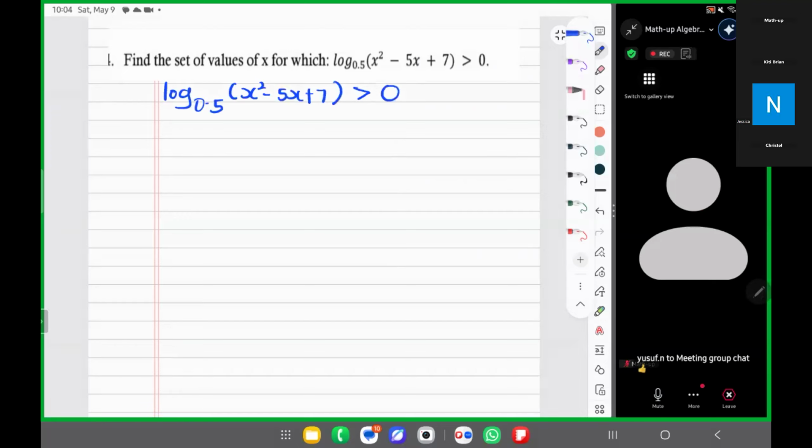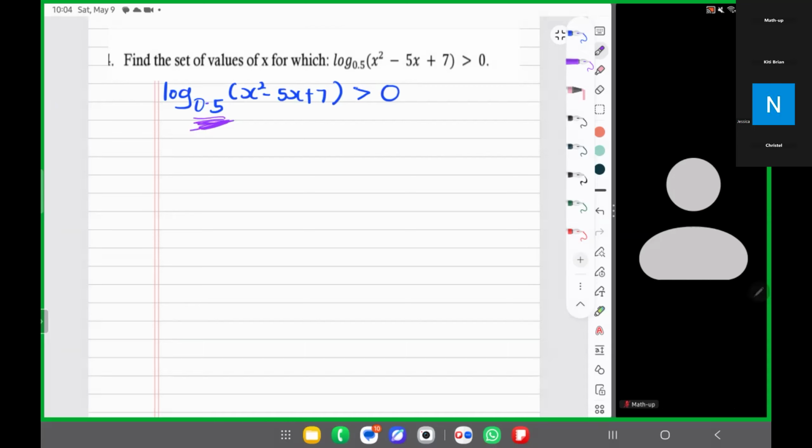So for this question, we should take note of the fact that our base is less than 1. And every time we're working with logarithmic inequalities where the base is less than 1, we reverse the sign. So the sign here is going to change to greater than as you're getting rid of the log.